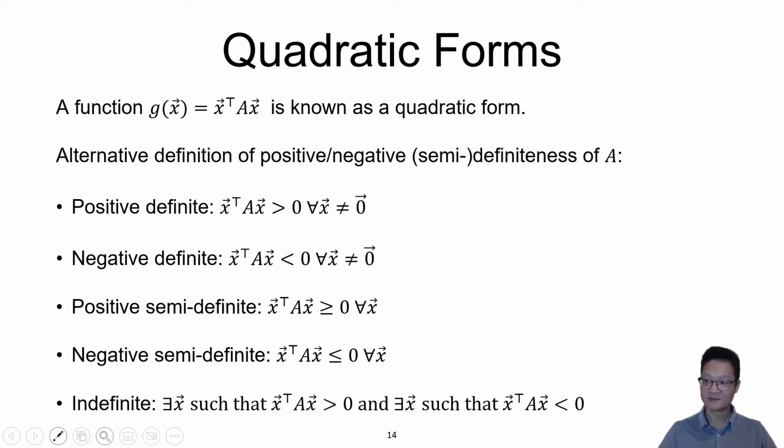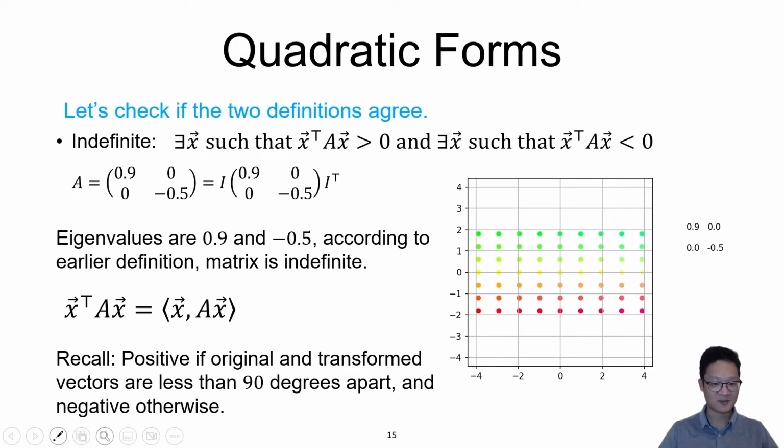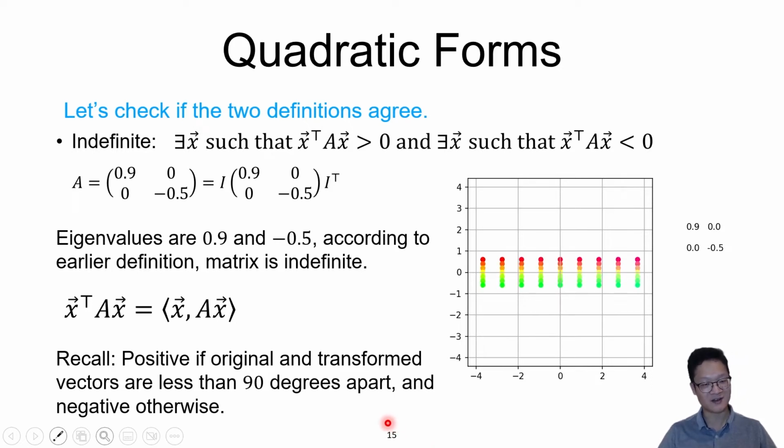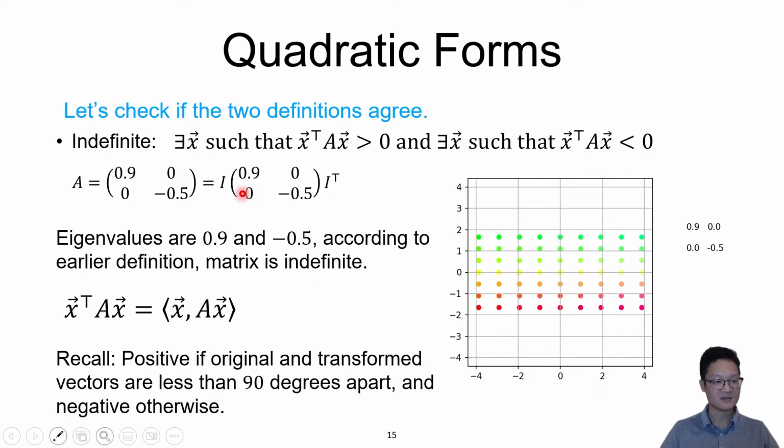Okay, let's move on. So let's now look at what quadratic forms look like. Actually, before that, getting ahead of myself, we're going to first look at convincing ourselves a little bit that the two definitions of positive and negative definiteness and semi-definiteness match. Okay, so let's take a look at an indefinite case.